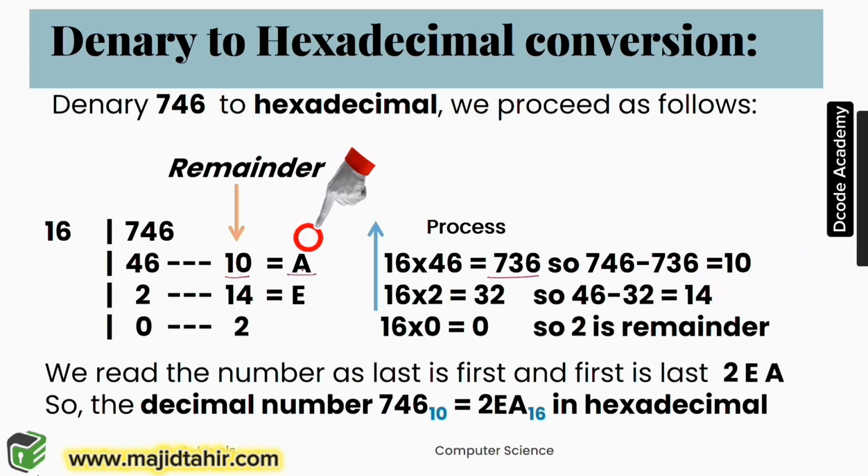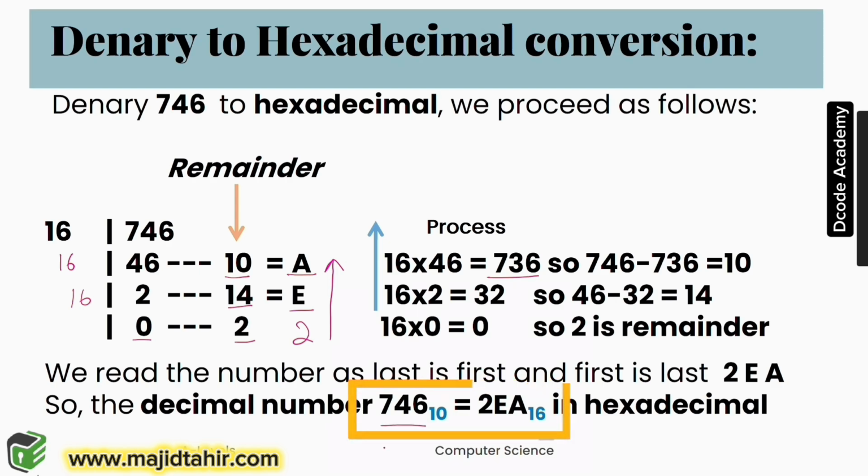So we have remainder A. Again, 46 has to be divided by 16. 16 twos are 32, so we subtract, and 14 is the remainder. 14 is equivalent to E. And 2 is not divisible by 16, so 16 zeros are 0 and 2 is the remainder. So we have the number 2EA, and we write it upside down like the arrow shows. So 746 in the decimal number system converted to hexadecimal is 2EA, which is base 16.